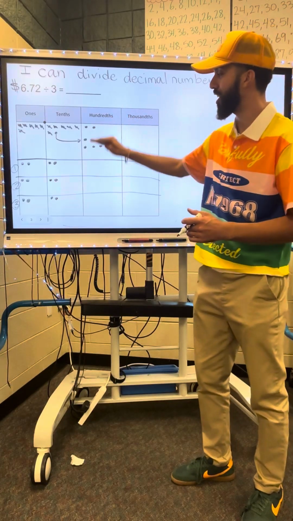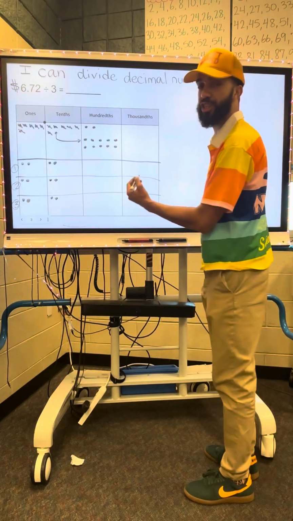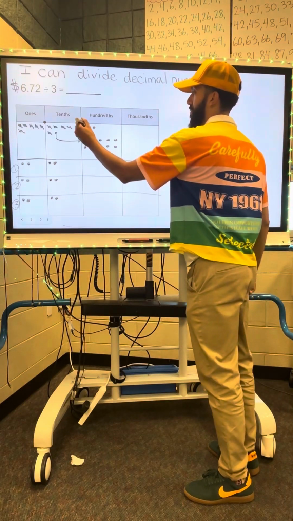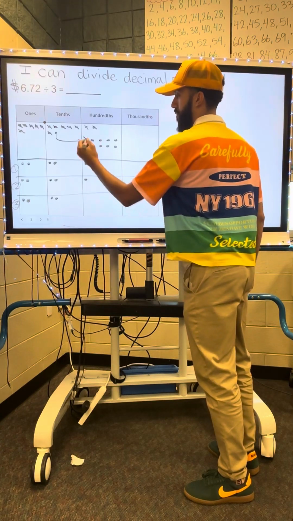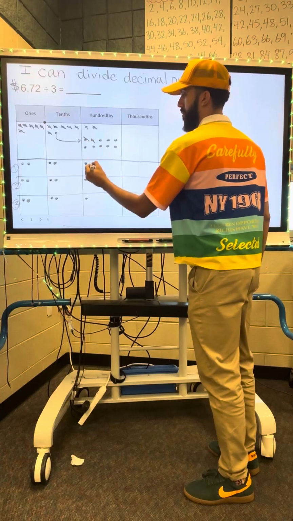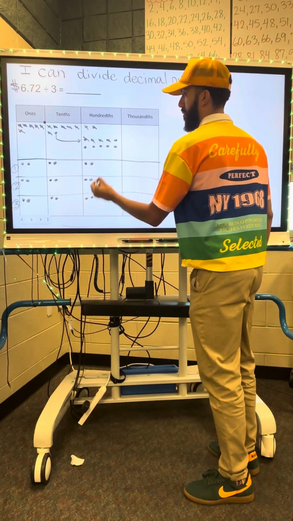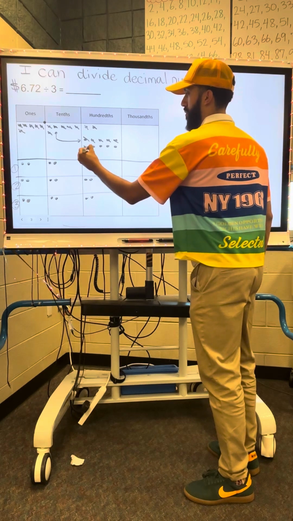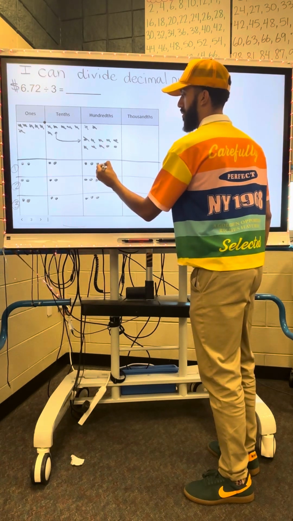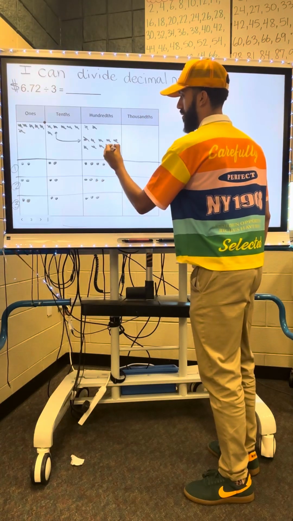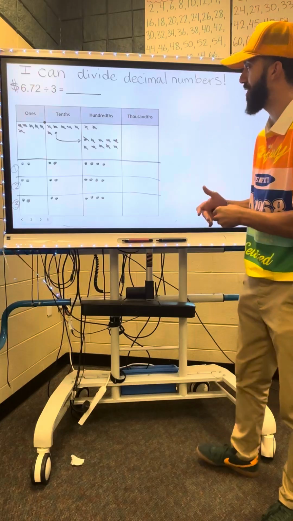So let's see if I can share evenly now and complete the problem. Let's go ahead and share our hundredths. All right, I can see I shared them all.